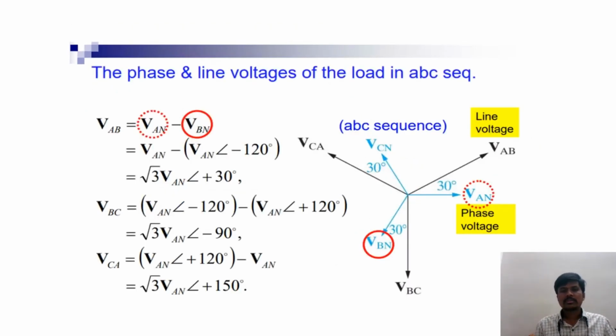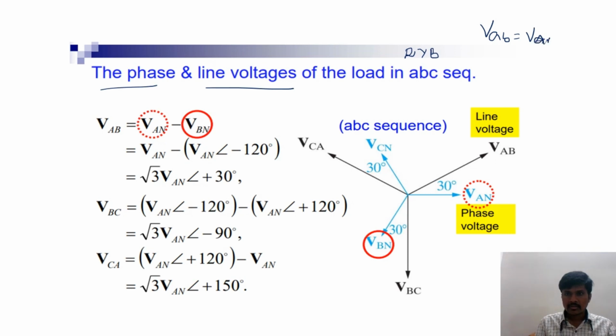Now we are going to represent the relationship between phase voltage and line voltage. Here you can consider the ABC sequence as well as the RYB sequence. As we studied in vectors, VAB is equal to VA minus VB. Taking this concept into phasor subtraction, I am taking VAN minus VBN.